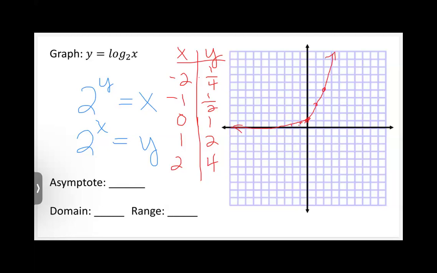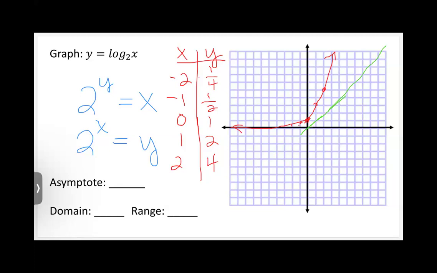So now, when it talks about it being the reflection over the line y equals x, the line y equals x just splits the coordinate plane in half diagonally, and I'm kind of missing all the points there, but maybe I need to get my stylus. That's probably a good idea.